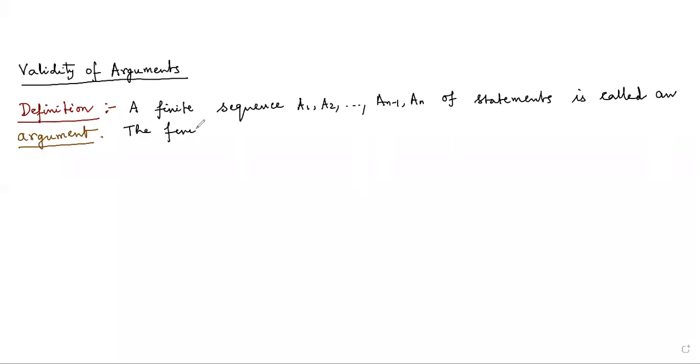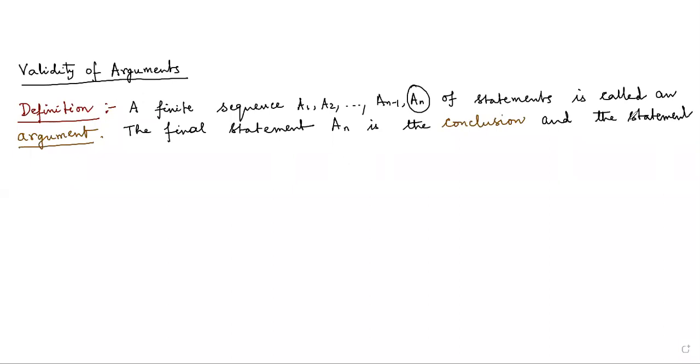The final statement AN is the conclusion, and the statements A1, A2, ..., AN-1 are called the premises of the argument.